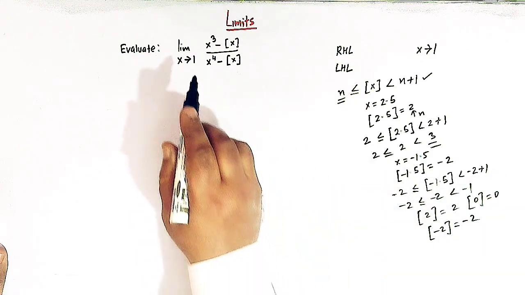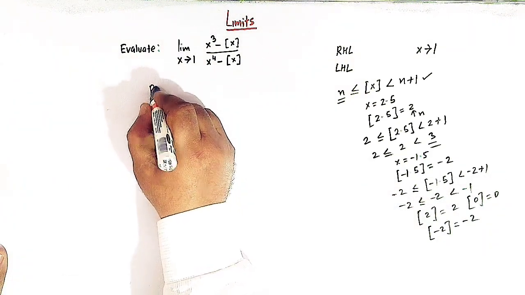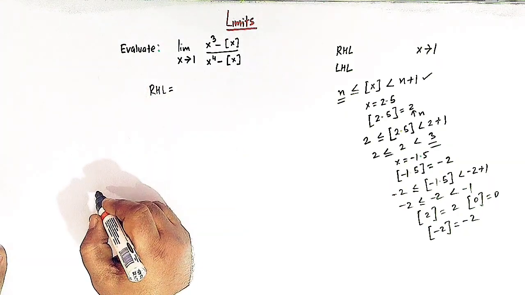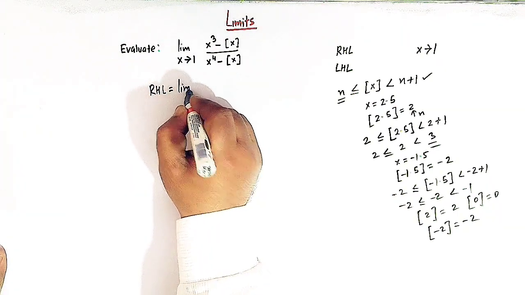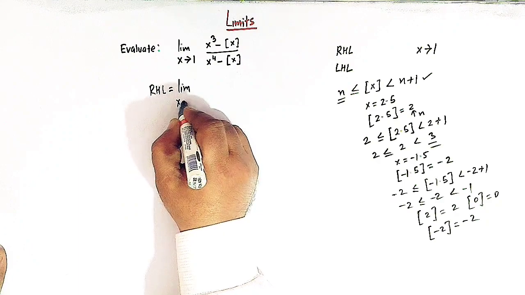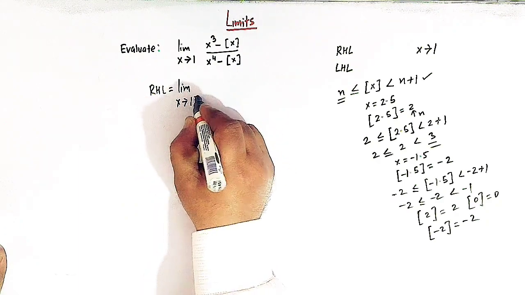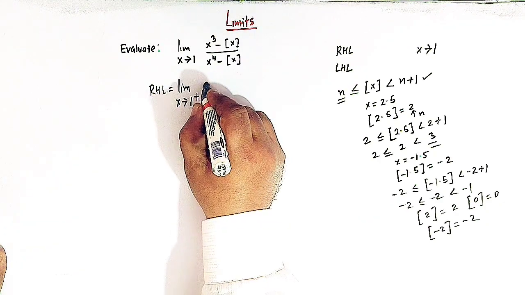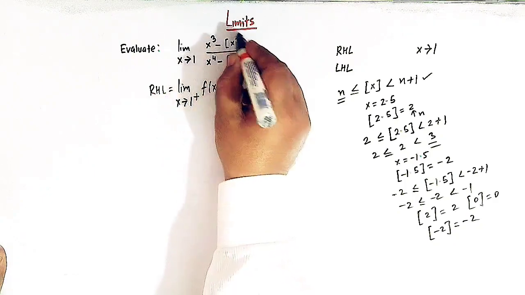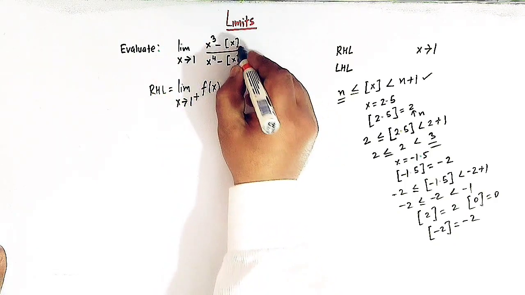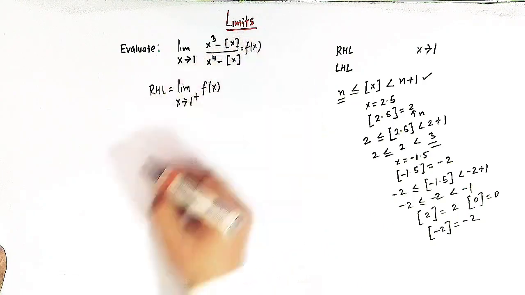So let us come to our problem and find out the right hand limit. The notation for right hand limit is limit x tends to 1 plus of f of x, and we take this function as f of x.